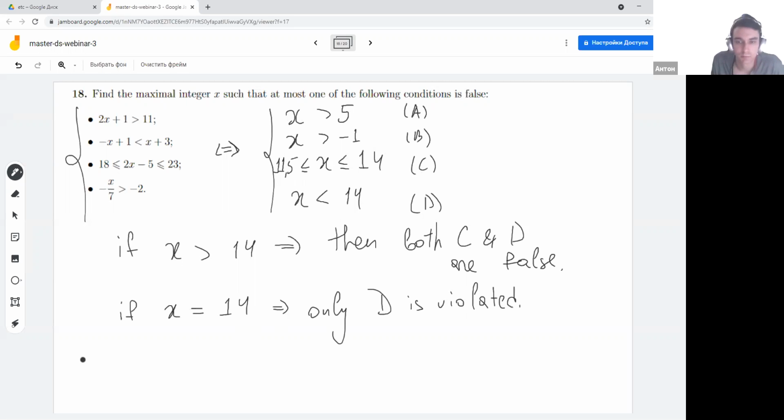Only D is false. So that is okay, we're allowed to falsify one condition. And it's the maximum possible such value, because with a bigger value we violate two conditions. So the maximal possible is this, and the answer is 14.